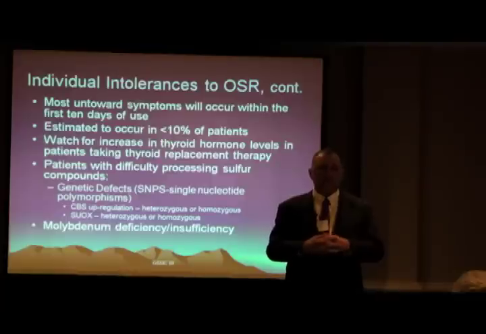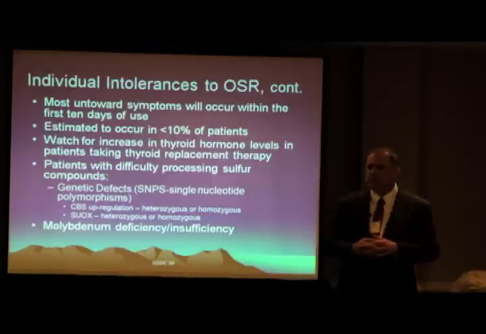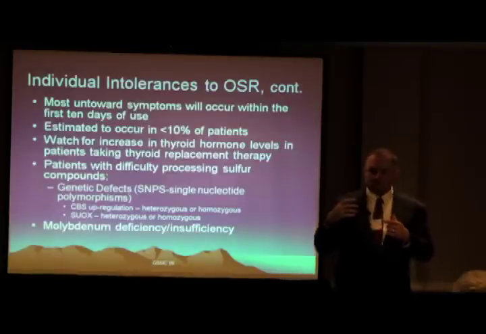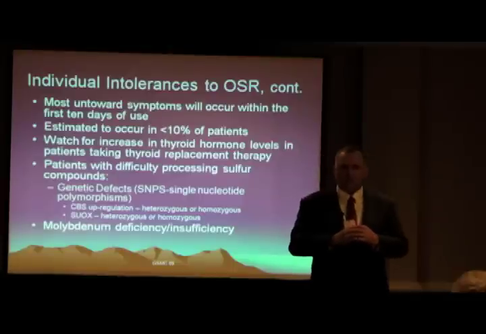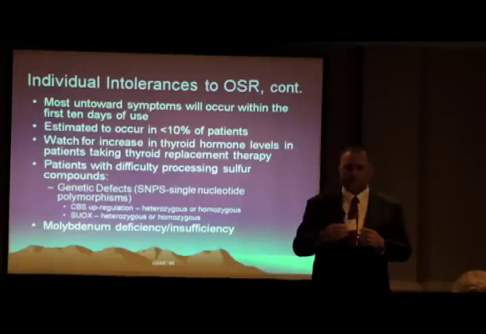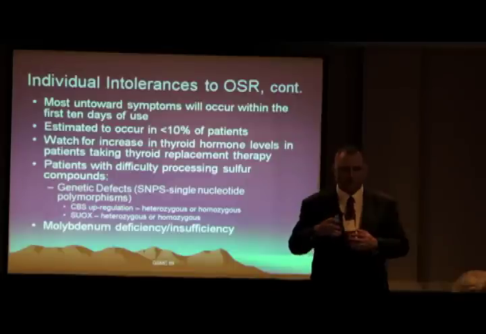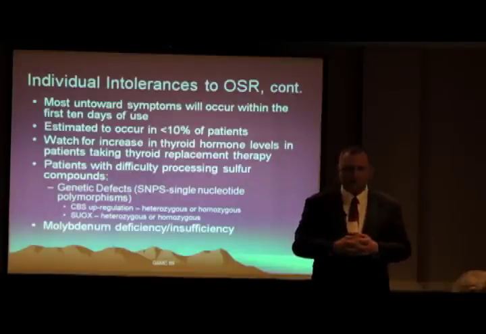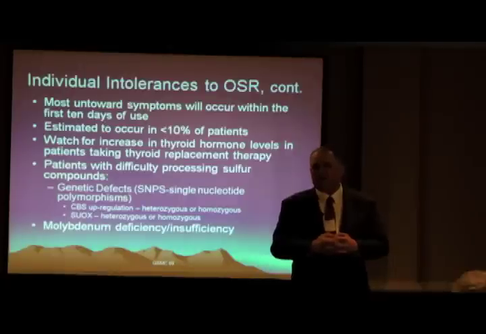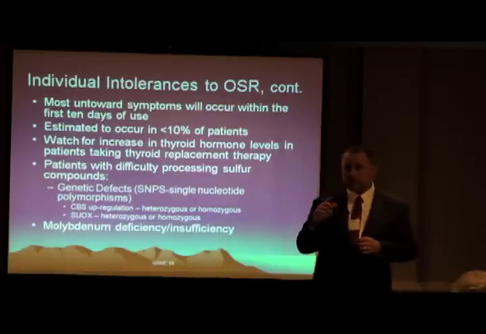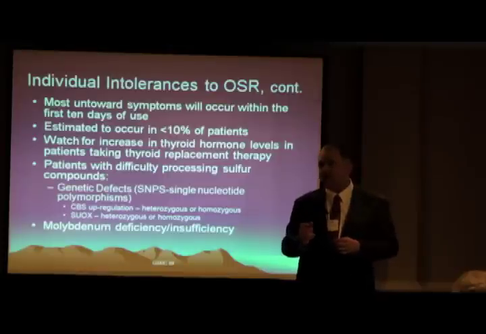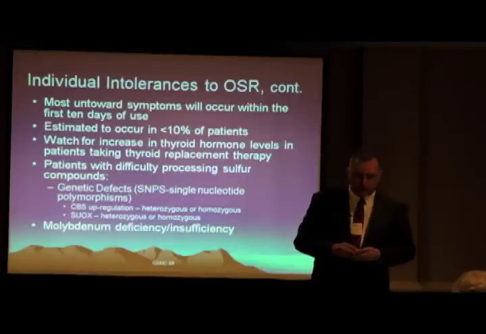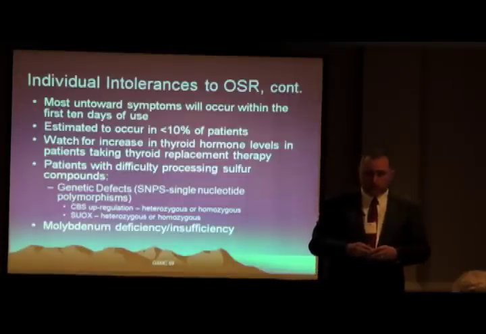There are single nucleotide polymorphisms, we call them SNPs, which are gene code errors, base pair deletions, additions, or substitutions, such as the CBS upregulation, which can be either heterozygous or homozygous, as can be the sulfite oxidase enzyme gene, the SUOX gene it's called. So individuals who have those inherited gene SNPs could very likely have problems with OSR.